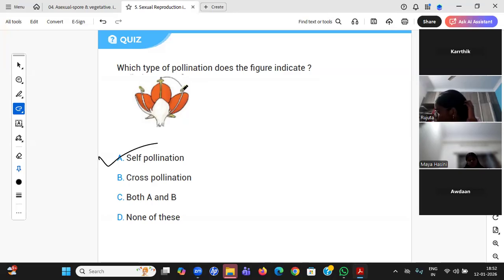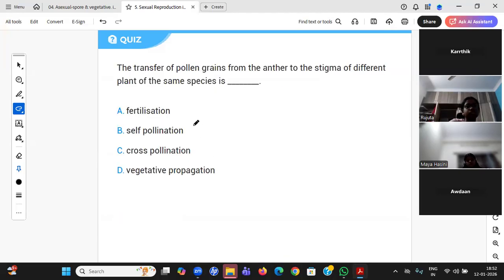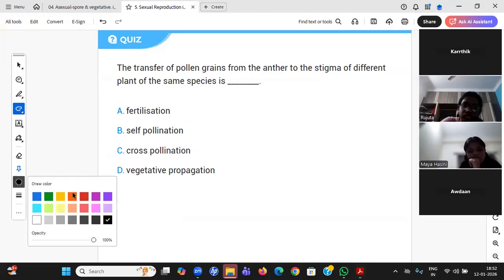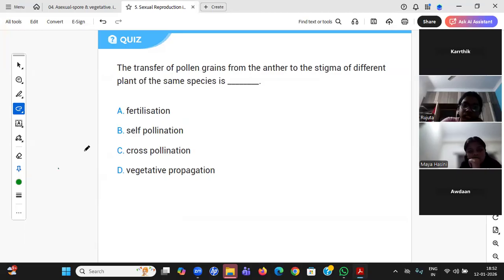You see, from the same flower, the pollen grains are moving. The transfer of pollen grains from anther to the stigma of a different plant of the same species. Different plants of the same species, obviously.